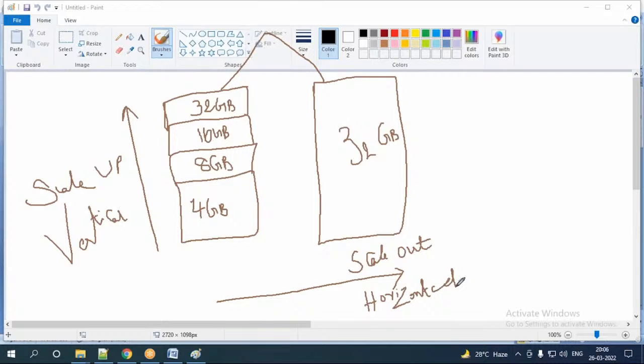Okay, Shravan, yes. Always it is not the case, right? If the application performance is not good and I increase from 4 GB to 8 GB, it may not increase the performance of the application, right? It depends.